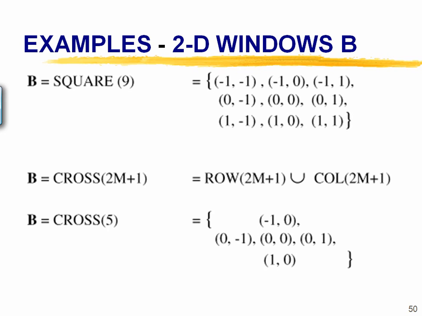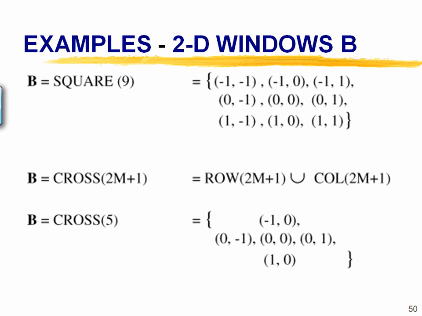What that also means is that I can perform a cross windowed operation on my image by doing a two-step process. I can run a row operation on my entire image first and then a column operation. And from a speed perspective, that has significant benefits as opposed to running two-dimensional windows.